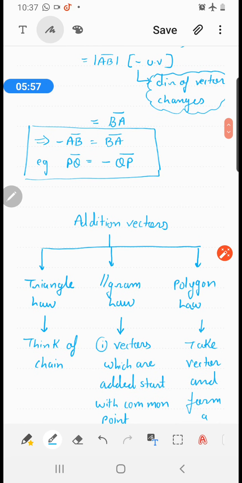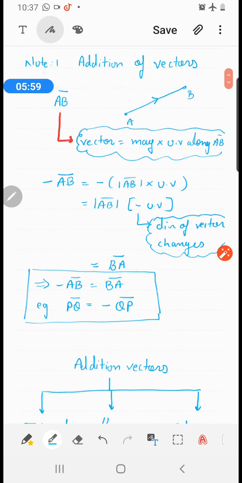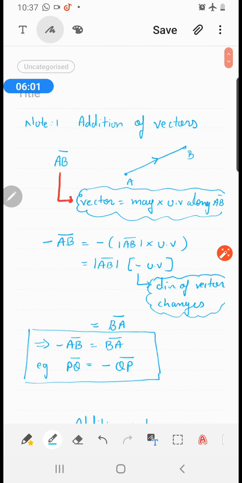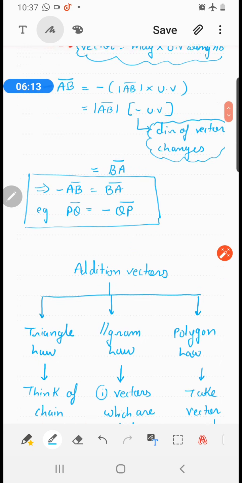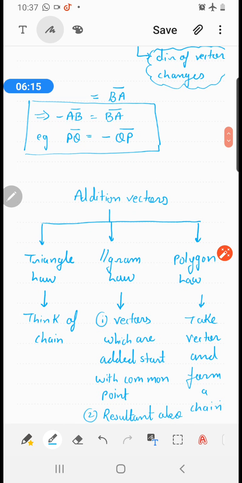So this is where I end this particular video, which just gives you the idea about the addition of vectors. Let me repeat one more time. In this video we have understood four things. Number one, when you multiply a negative sign to a vector, the direction of the vector changes. To add vectors, we have three choices. Number one, triangle law. Number two, parallelogram law. And number three, polygon law. Now what is triangle law?